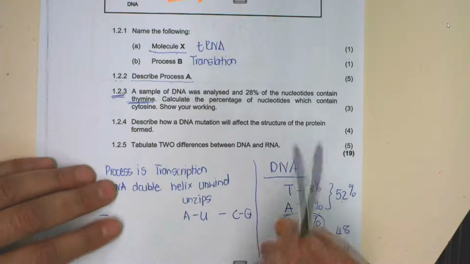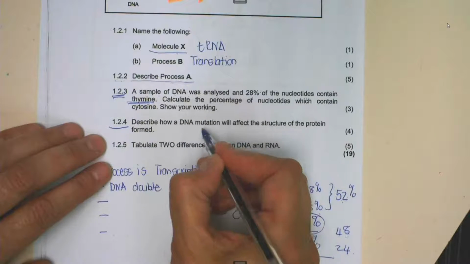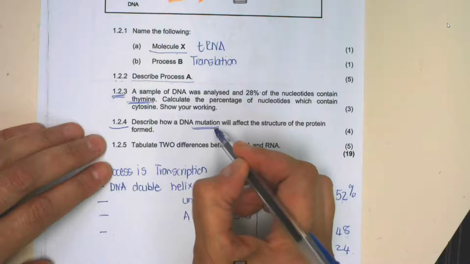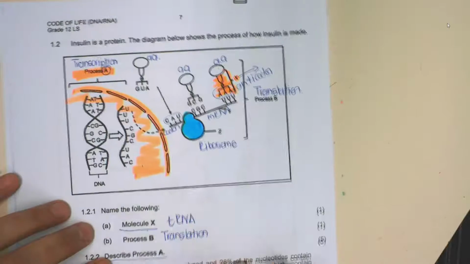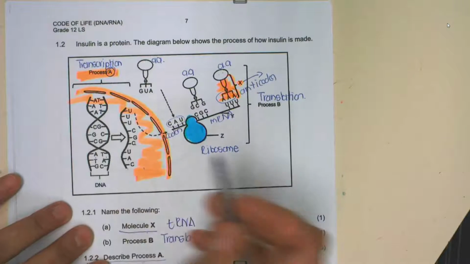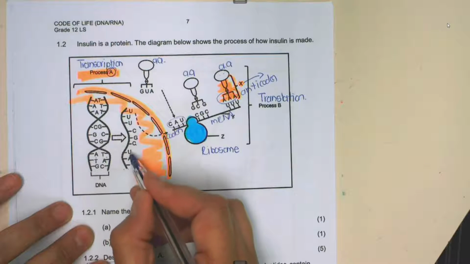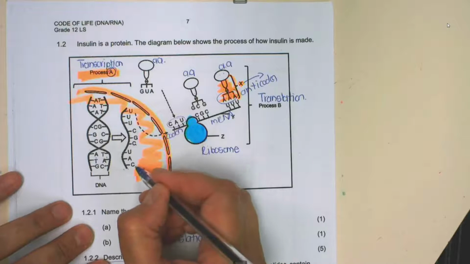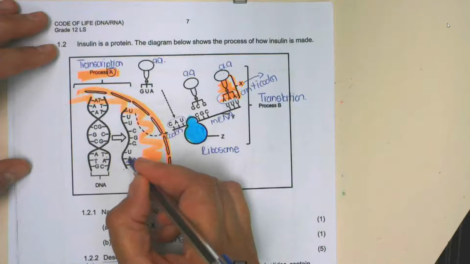Okay. Now, the next one, 1.2.4. Describe how DNA mutations will affect the structure of the protein. Now, a mutation is a change in the sequence of the structure. So, for instance, let's say this DNA sequence codes for this mRNA, but now instead of having UAC here, there's a nucleotide that comes in, a mutation, and it just fits in there, and we have AAC.